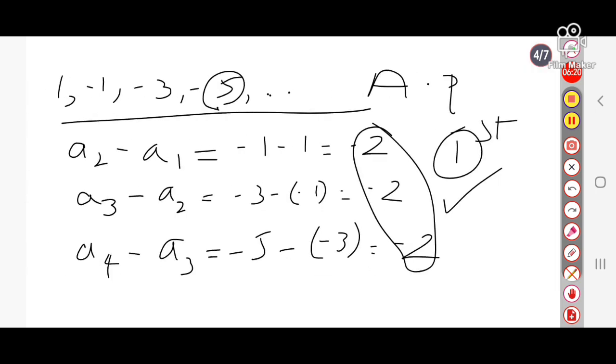Upon adding that value to the previous number, we get minus 5 plus minus 2, that is equal to minus 7. So the next number will be minus 7.